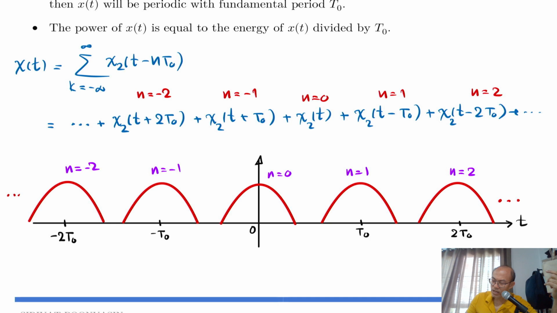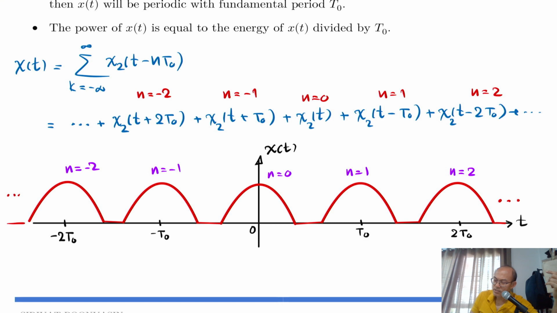So you see, when I do this, I'm constructing a periodic signal. So this signal x is periodic signal, right? This is signal x.